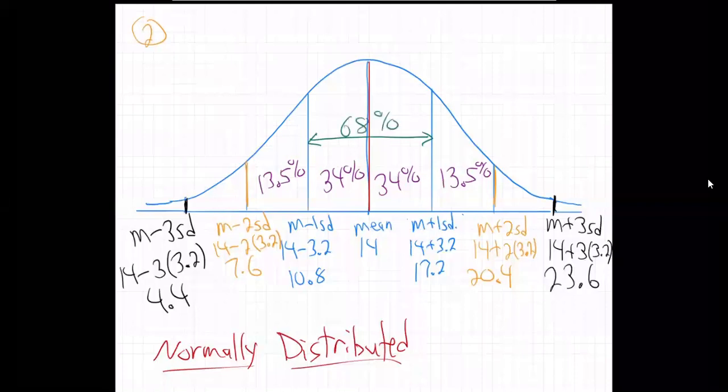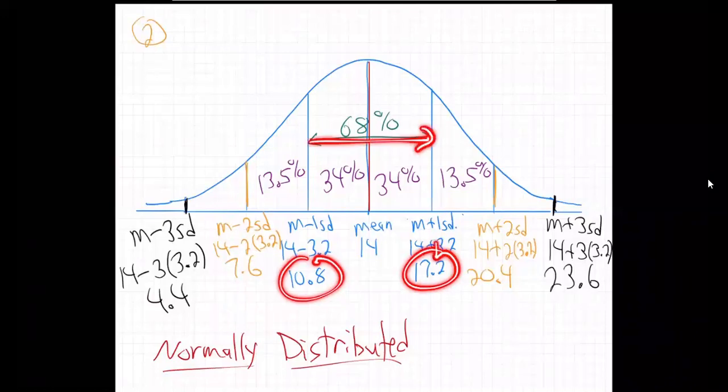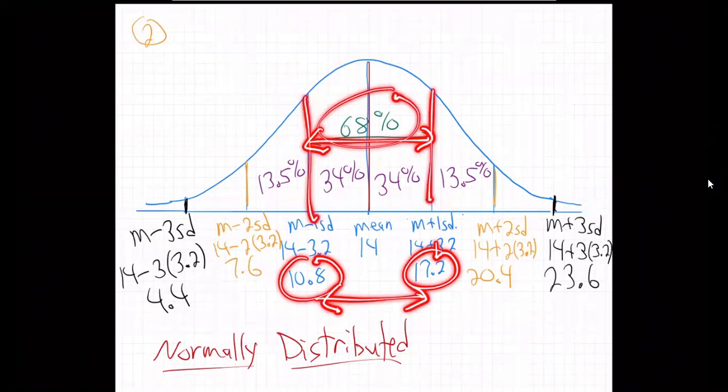That means 68% of all the students in the stats class spend between 10.8 and 17.2 hours per week on the class. That's what that means. I just added 34 and 34 to get 68.